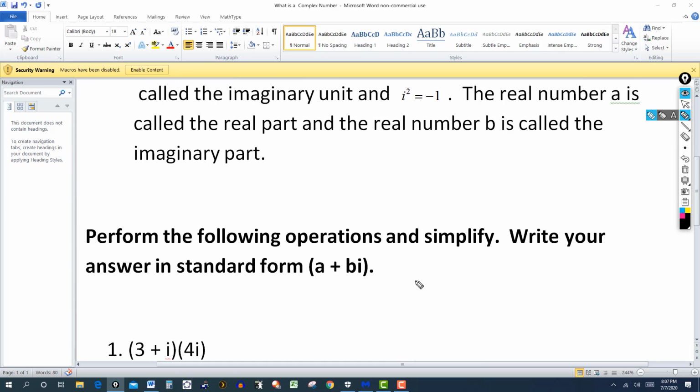So we can multiply. Obviously, if you're adding or subtracting complex numbers, just treat the i like an x and combine like terms. Nothing to it.